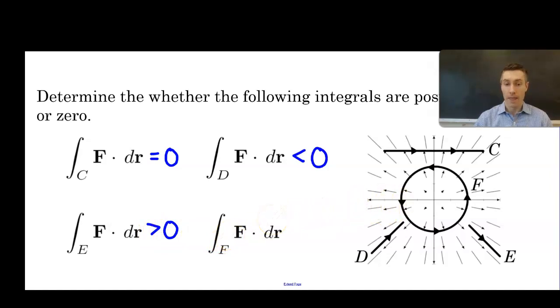And then the last one, if we go along the closed curve F, it looks as if those vectors are perpendicular or orthogonal to the curve. So that means that this is going to be zero. Because if you remember, take that dot product approach, if you drew the tangent vector at any point and dotted it with the force vector from the vector field, 2 vectors that are orthogonal, dot product is 0.